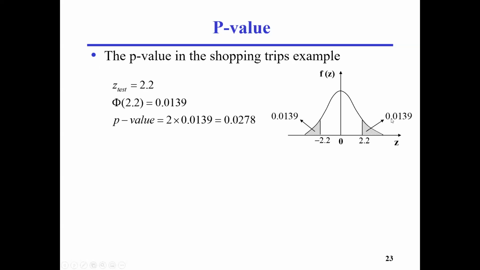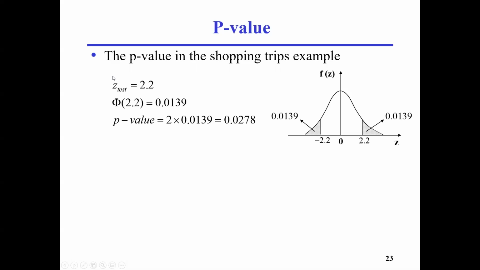Actually, you have known that the size of the shaded area is P. If it is a two-sided test like this, of course, p-value should be 2 times the one-sided shaded area. So 2 multiplied by 0.0139, which is 0.0278.